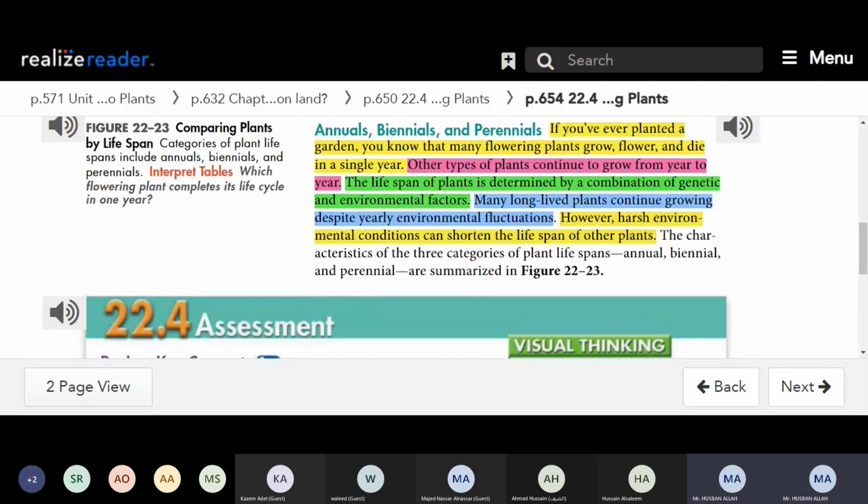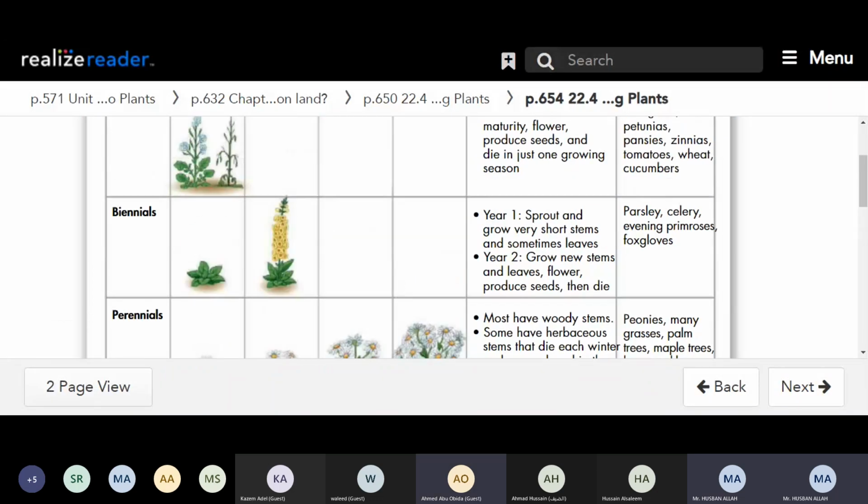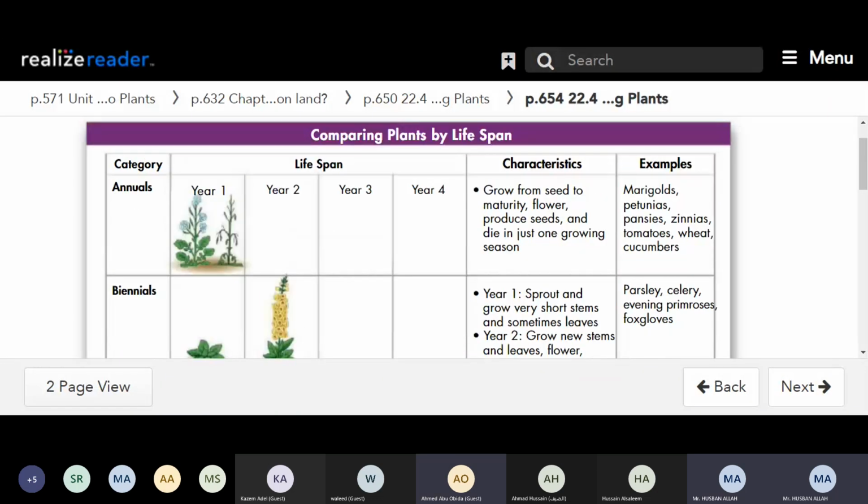The characteristics of the three categories of plant lifespans, annual, biennial, and perennial, are summarized in the figure. You can see 22 to 23. You have three types of plants given there, lifespan is given there, characteristics are given there, and examples are given there.